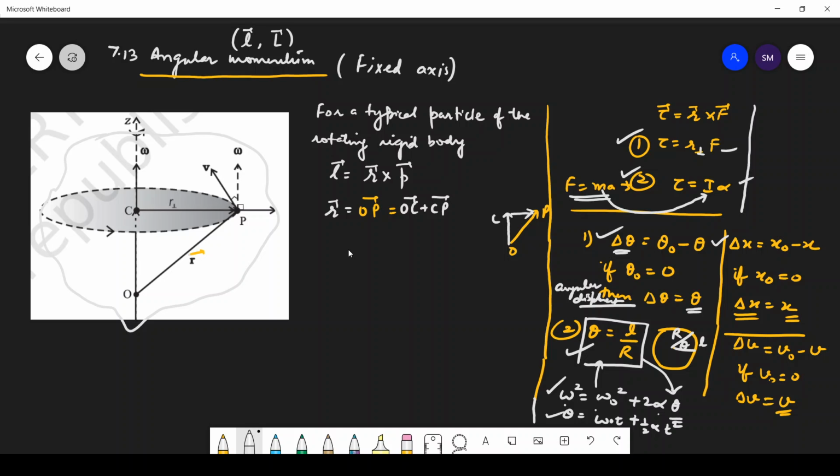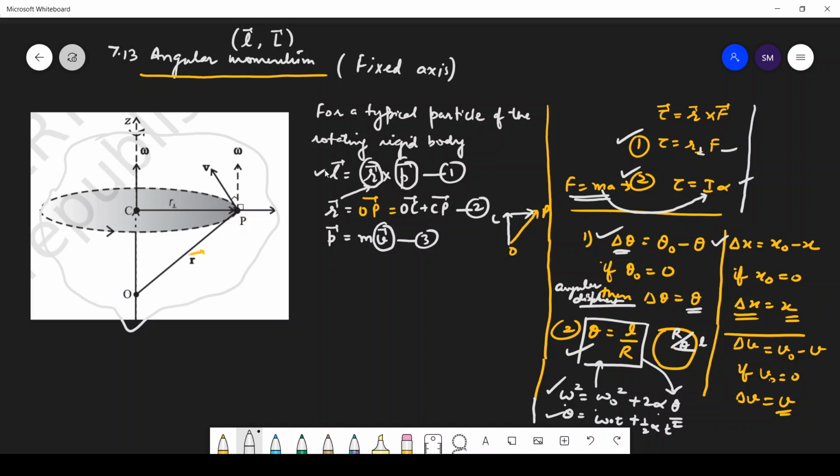Now, the value of r I have got. What about the value of p? p, that is my linear momentum, is equal to mass into velocity. So that's equation 1, that's second, that's third. Now what's your v? I was concerned about r and then p, then what's this v?